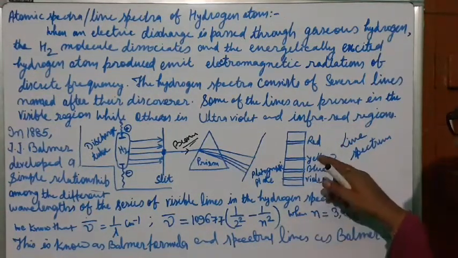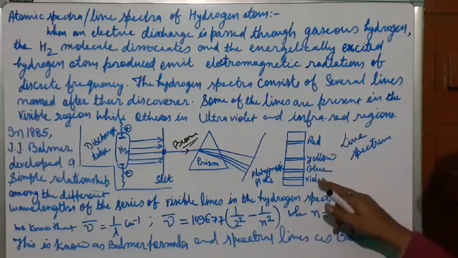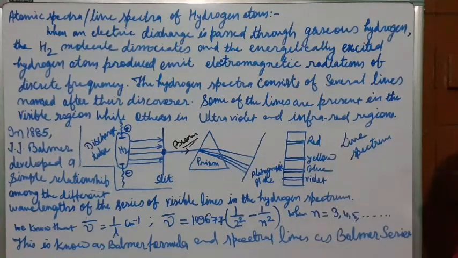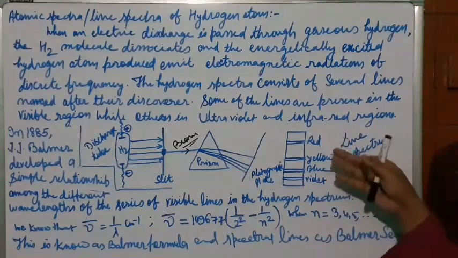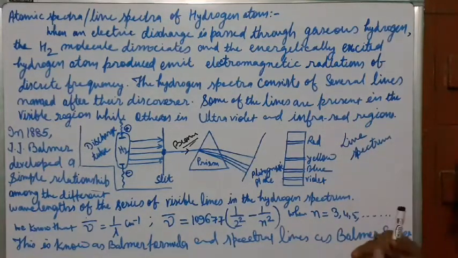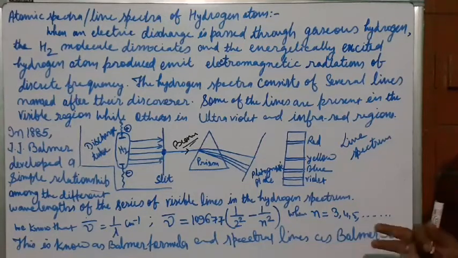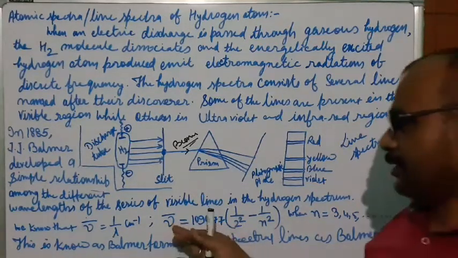Because these lights, red, yellow, blue, violet, have different wavelengths and different frequencies, he established the relationship among these wavelengths, and that relationship we have written here.